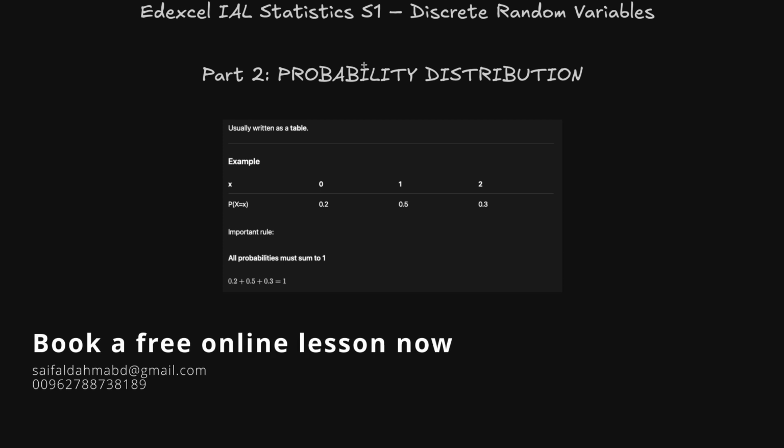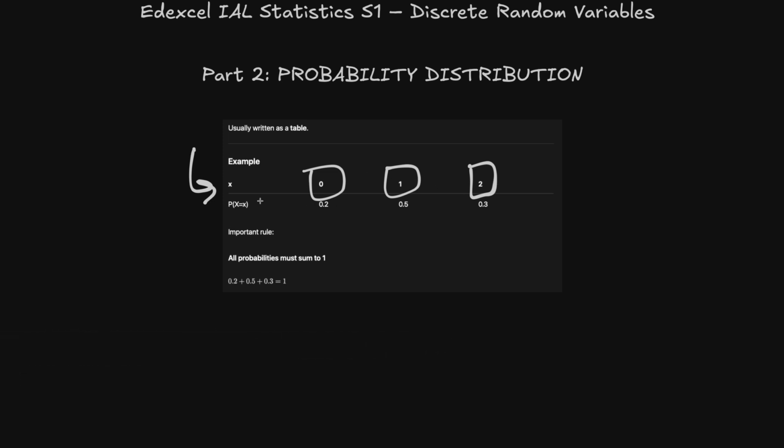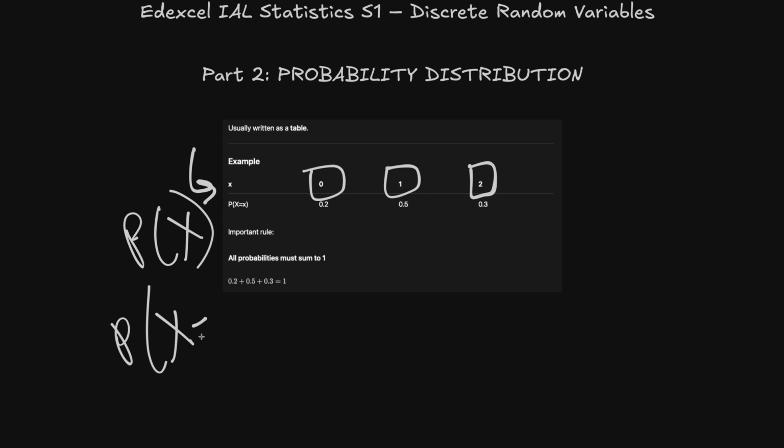Now let's talk about probability distribution. It's usually written as a table, where x is the possible values. So in this example, the possible values are 0, 1, and 2. The probability of 0, which is denoted as P of X equals small x, where X is the discrete random variable, being equal to small x, which is this 0 or this 1 or this 2.